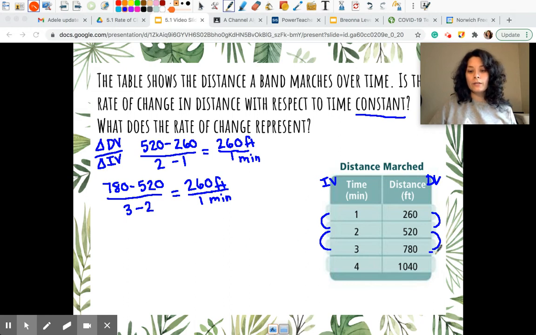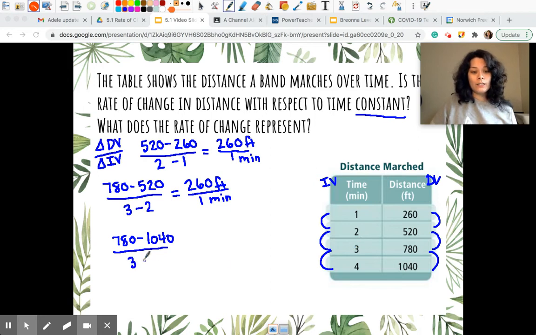So I'm going to check the next row of values. Again, I'm just going to do the bigger number minus the smaller. That's my preference. Actually, maybe for this one, I'll show you if you go the other way, you'll get the same answer. So for this one, I'm going to start with the 780. 780 minus 1040. But if I do it this way, if I started with this row here, I have to start with the 3.